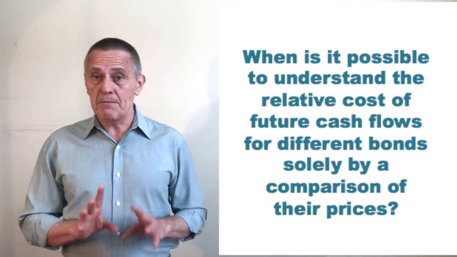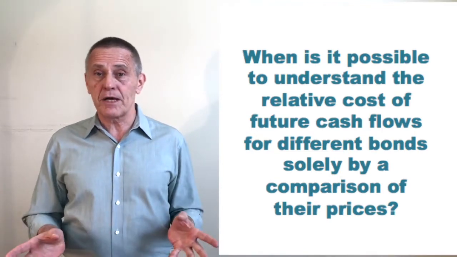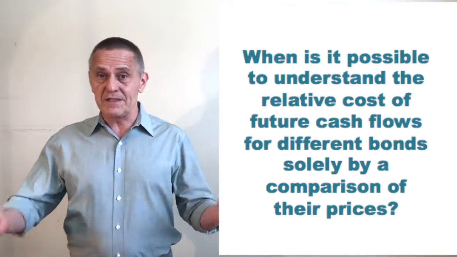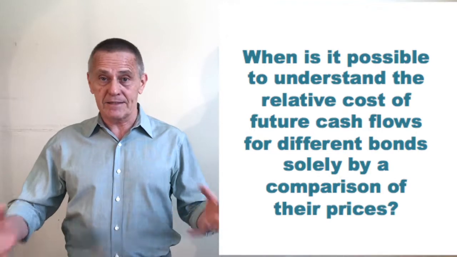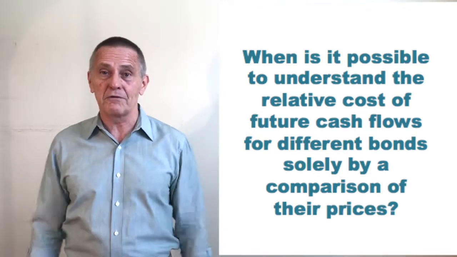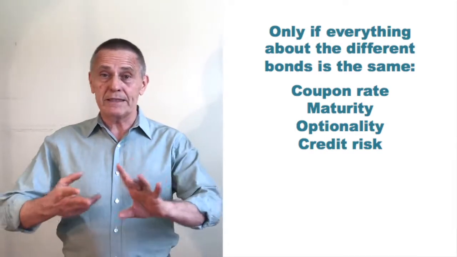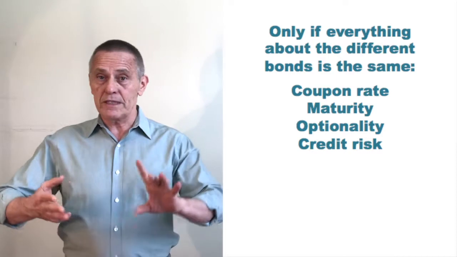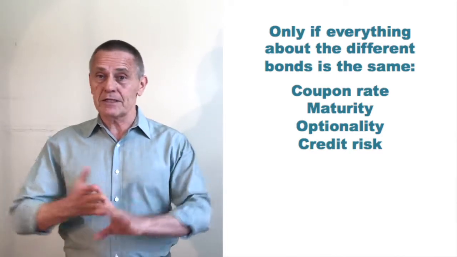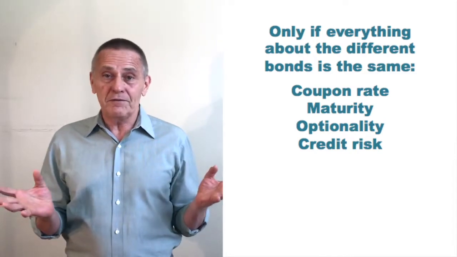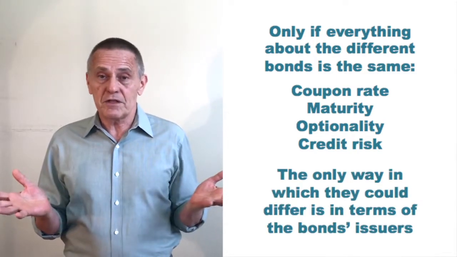Well, the only time dollar or percent of par prices would give you a direct insight on the relative cost of different bonds, in that sense of what you're paying today per dollar of future cash flow, is if all the bonds you are comparing had the same coupon rate, the same time to maturity, the same embedded optionality, the same credit risk, and on and on. In fact, the only thing that could differ about the two bonds is they could be from different issuers.